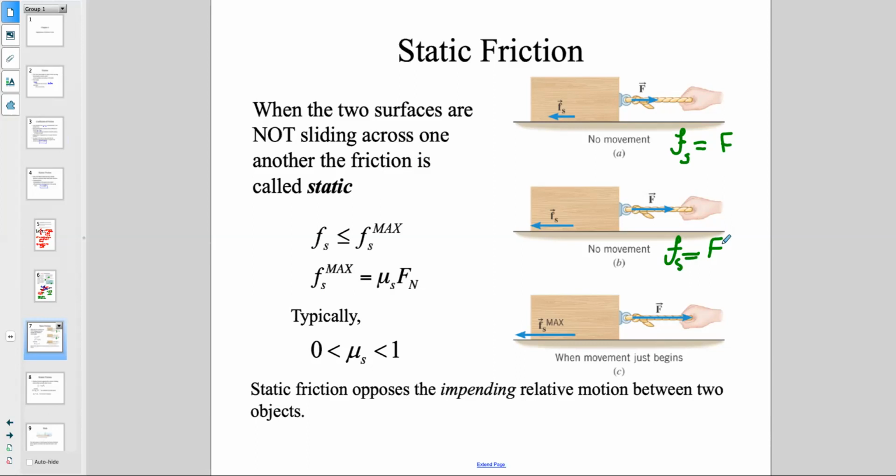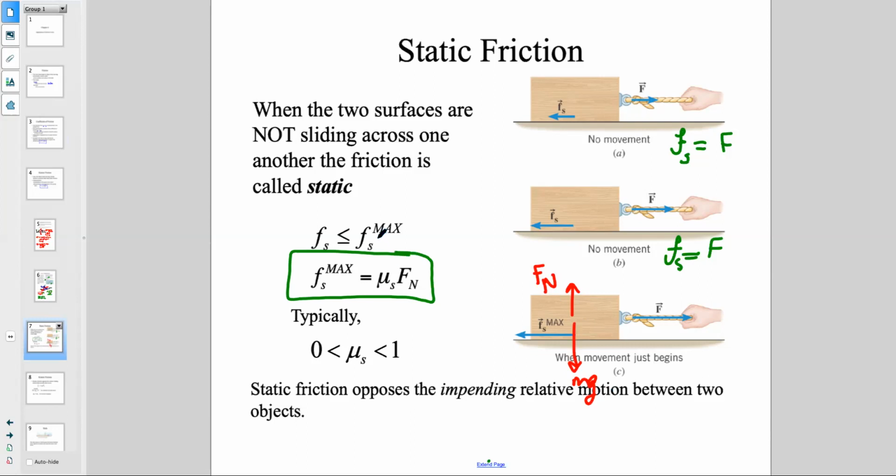At that point, the static friction has reached its maximum value, and it's called Fs max, equal to mu s times Fn. And Fn is this. Let me actually change the color. Fn is that, F sub n, and this is mg.